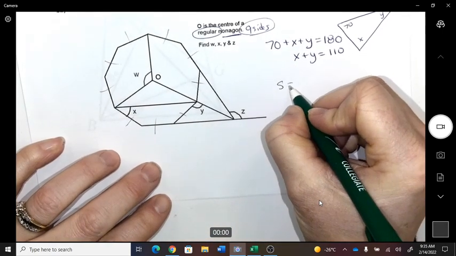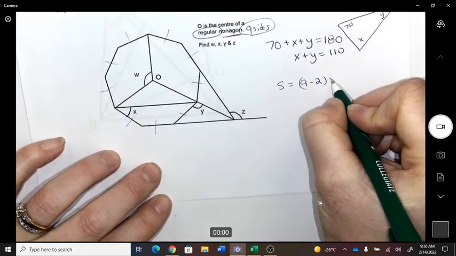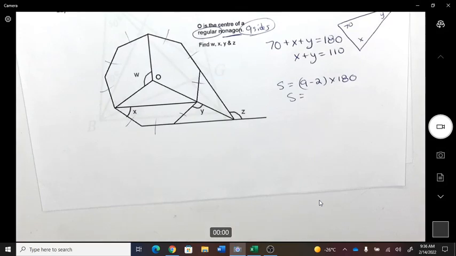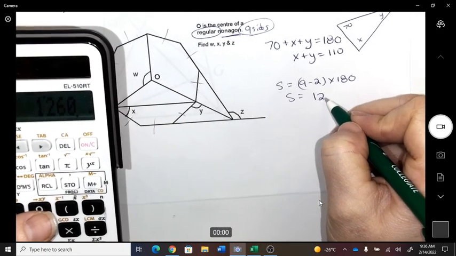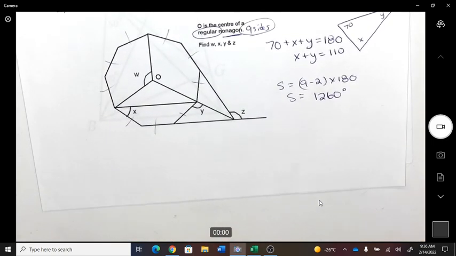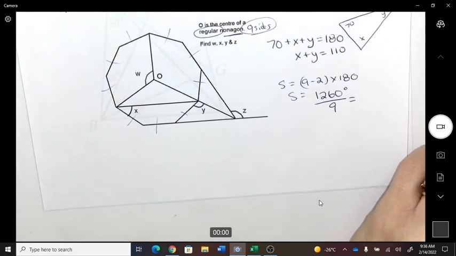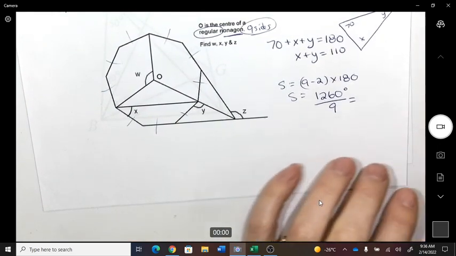Okay, so sum, I'm going to add up, so 1260. Okay, I'm going to divide this by 9. I'm going to see what each angle is going to be.